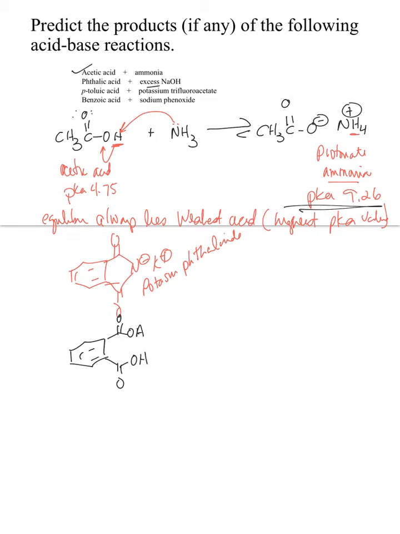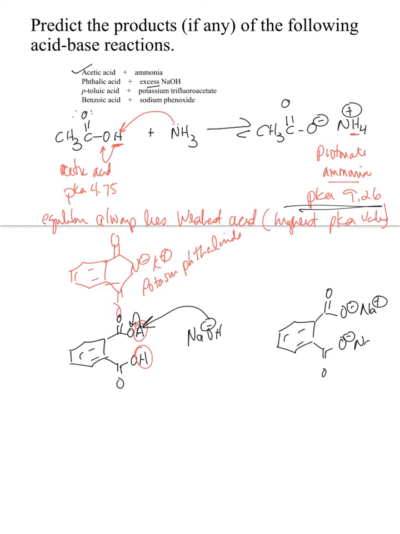And the other is excess sodium hydroxide. So where are your acidic protons? Right here. And then the sodium hydroxide will deprotonate this, and it will actually do it twice. So you have this sodium carboxylate derivative and water. You're going to get two waters.